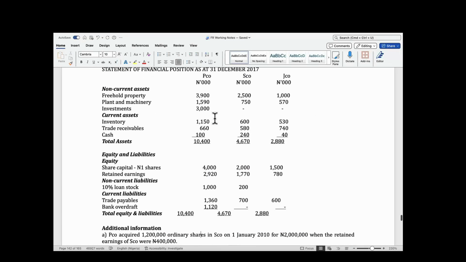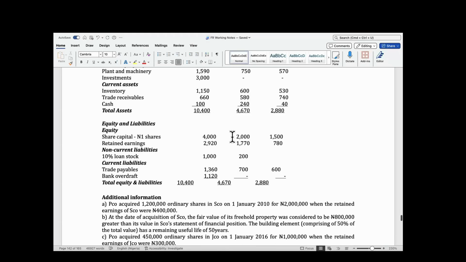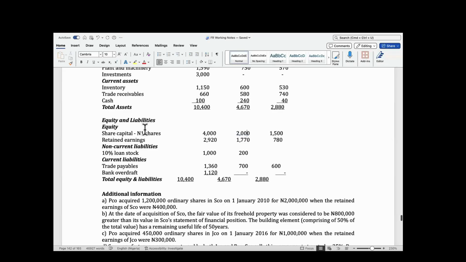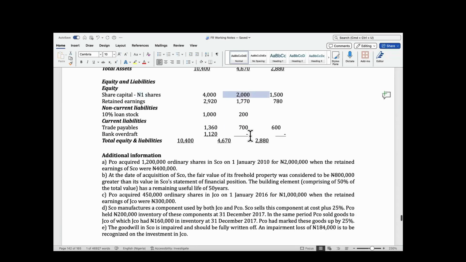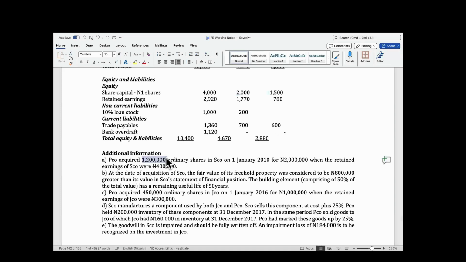So how many shares does ESCO have? That's 2 million. The nominal value is 1 naira, so that's 2 million shares. So what is 1.2 divided by 2 million? Who has a calculator there? That's 60%. So ESCO is a subsidiary of PICO.